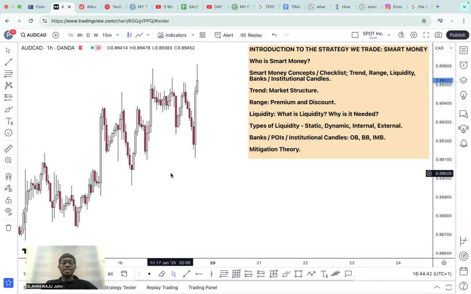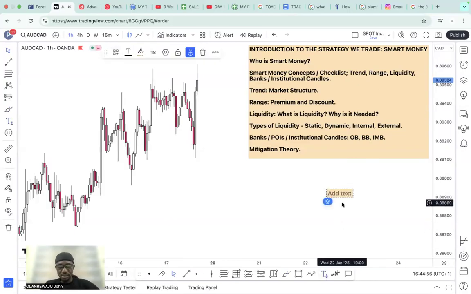For example, they formulated for us this checklist with which we used to trade. Number one, of course, the trend is always your friend. Then there's a range. Let's write that down again. So there's a trend or market structure.